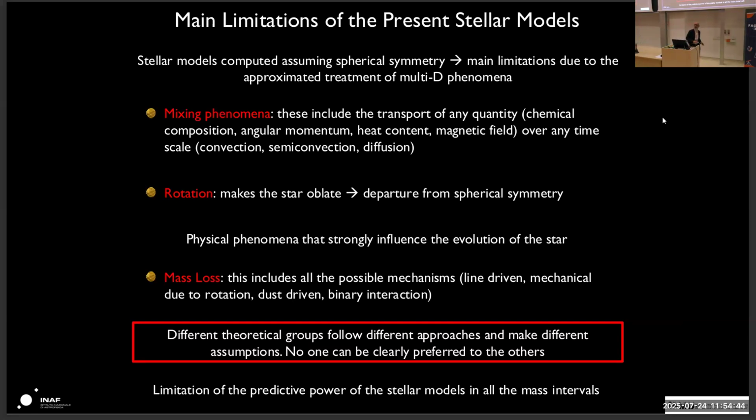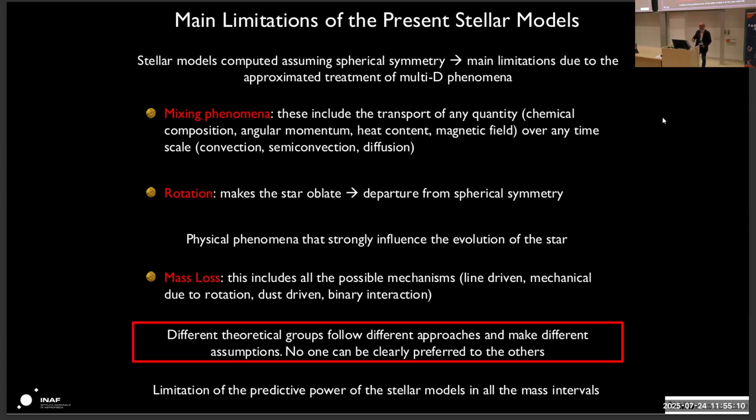Because all these models are computed in spherical symmetry. And the uncertainty comes from the fact that you pretend to model multidimensional physical phenomena like convection, rotation, magnetic field in spherical symmetry. And of course, this is a source of uncertainty, a great source of uncertainty.